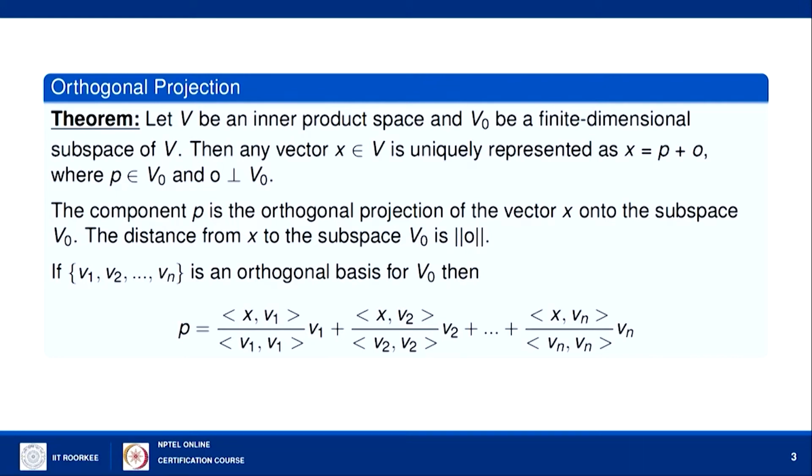If V1, V2, ..., Vn is an orthogonal basis for V0, then you can calculate p very easily. So, p will be the inner product of x with V1 upon the norm of V1 squared, multiplied with vector V1, plus the inner product of x with V2 and so on, which gives you the component of the vector x in the V0 subspace.